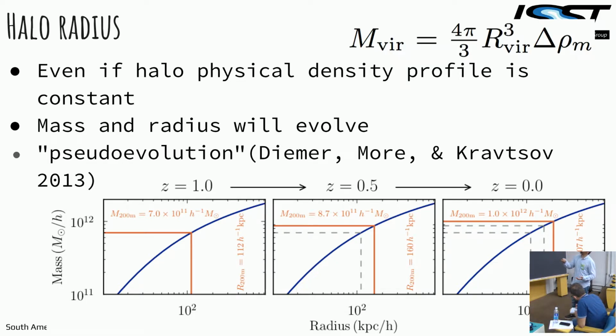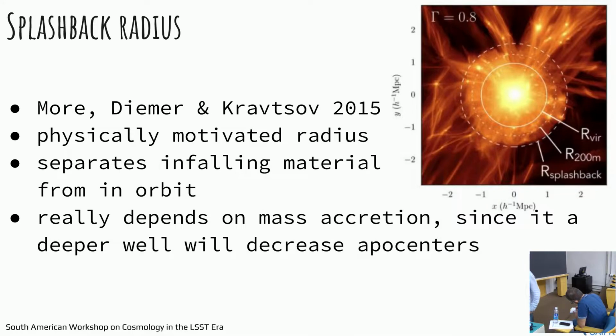So this is called pseudo-evolution, and a new way to measure the size of clusters was proposed, which is the splashback radius. Chiwei will talk about everything on it. No? Okay. So the splashback radius, in the simulation, separates and tells you about the first infall of material into the cluster, of a galaxy into a cluster, right?